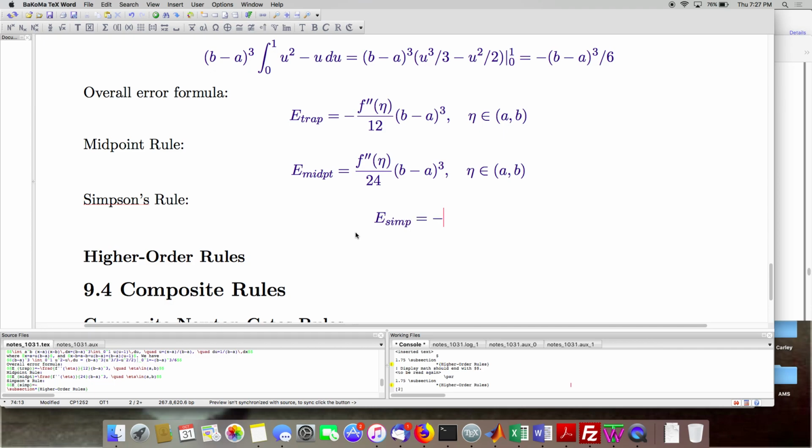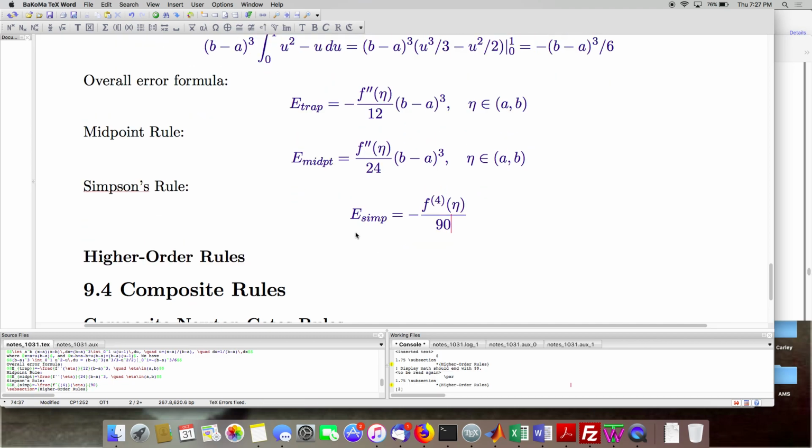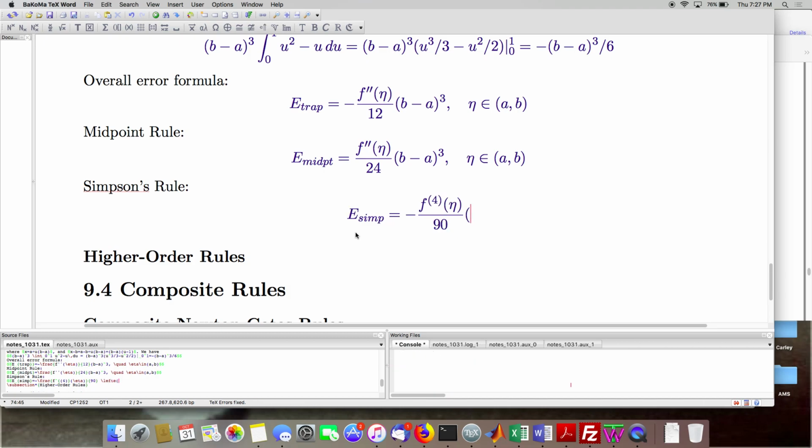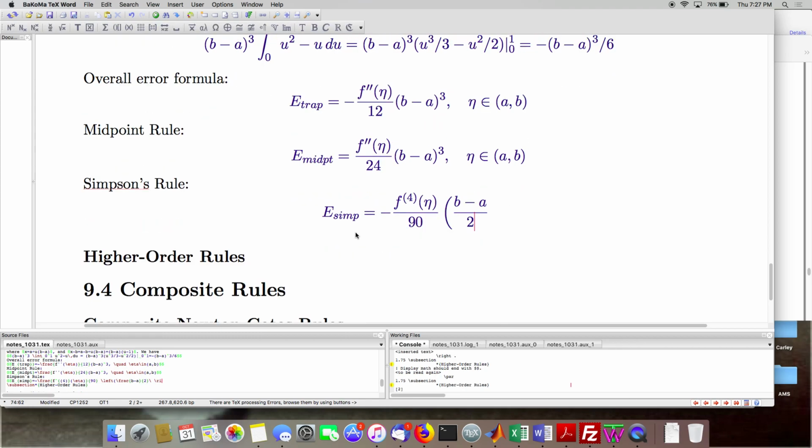Okay, so here we have minus f fourth derivative over 90, times b minus a to the fifth power.